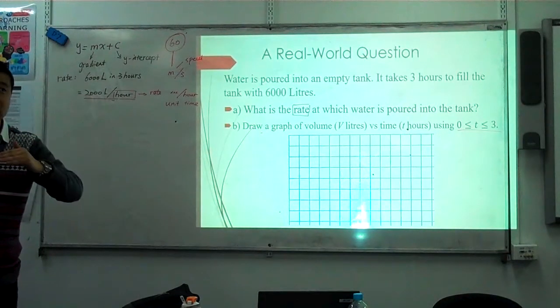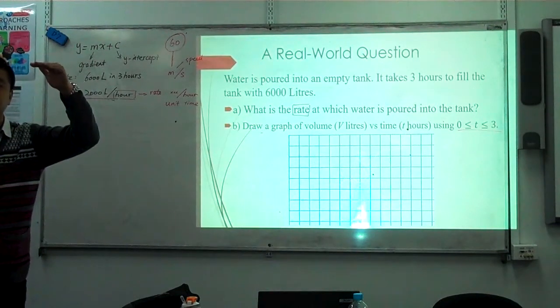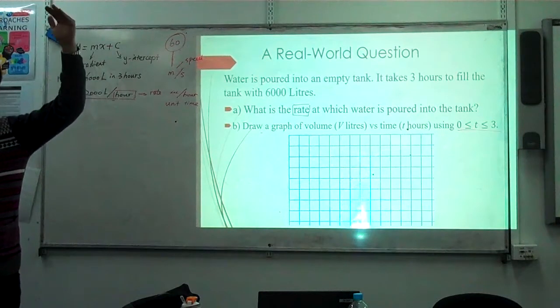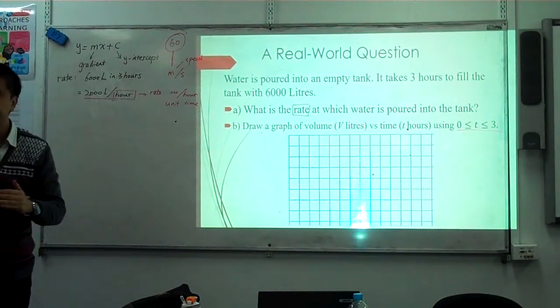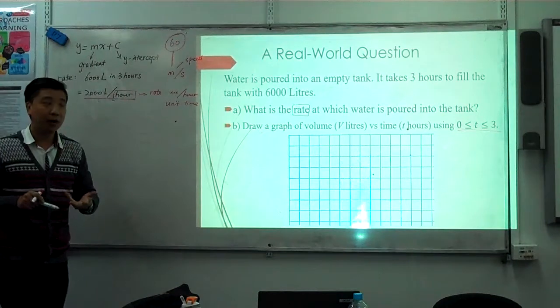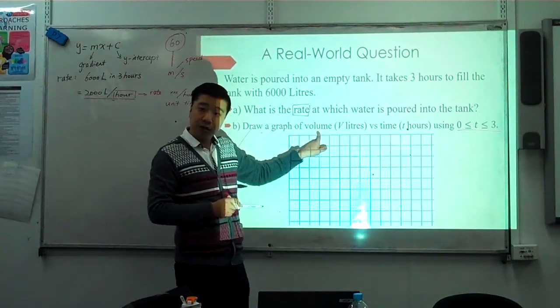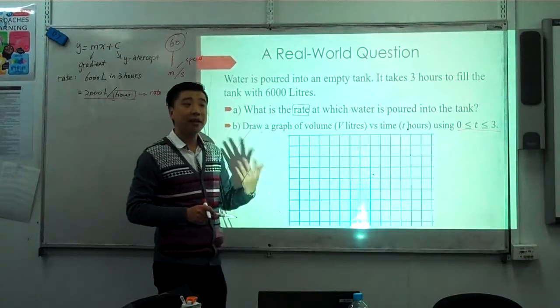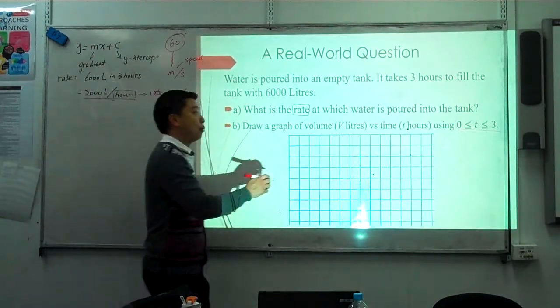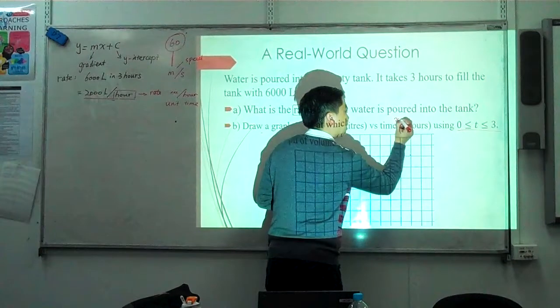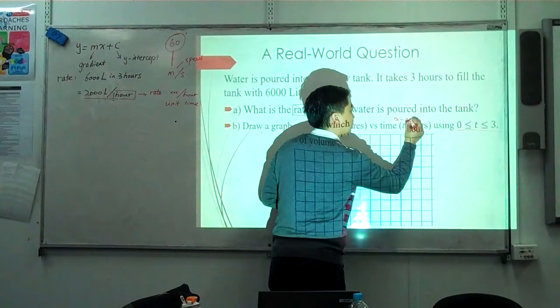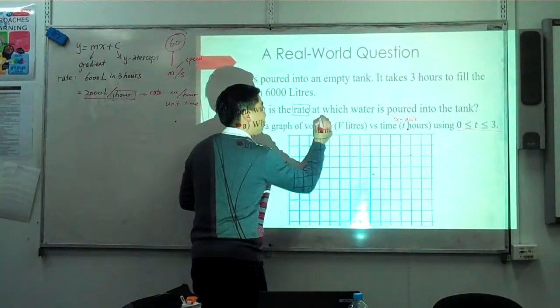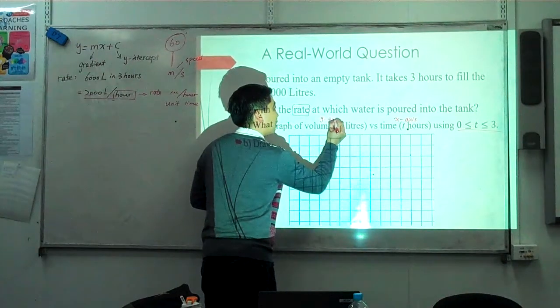No. So 1 liter, that will be 2 hours. 2 liters, suddenly 3 hours. Which way is correct? The first way. The first way. So your volume will be changed according to different hours. That makes sense. Okay? So your time is the x-axis, and then your volume is the y-axis.